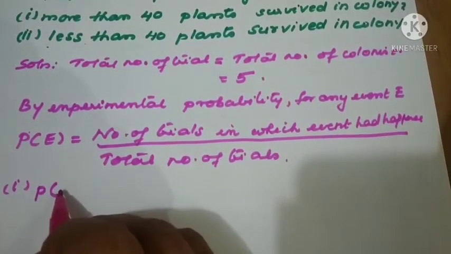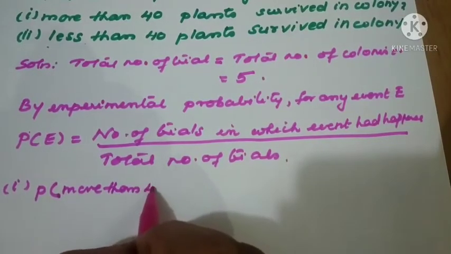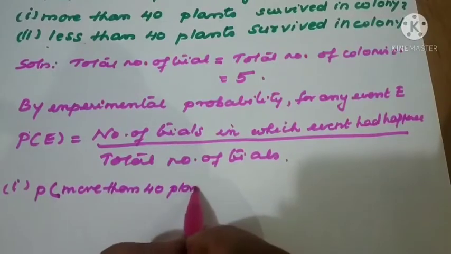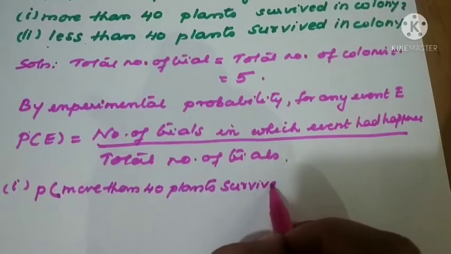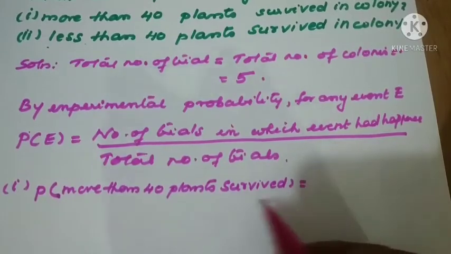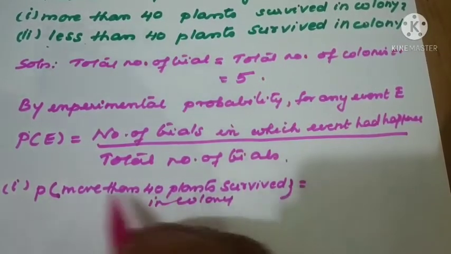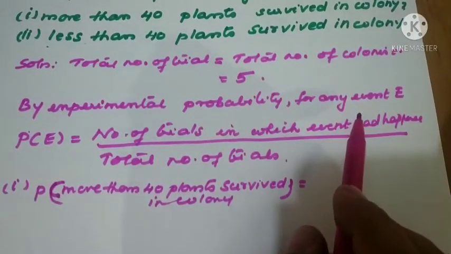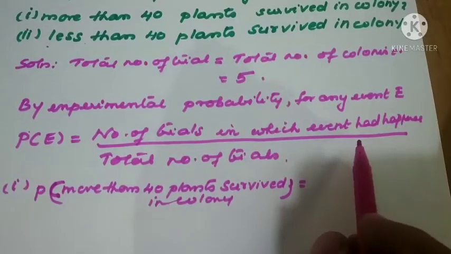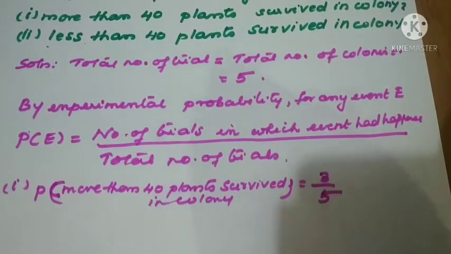P of getting more than 40 plants survived. So we have seen that B, C and E, 3 colonies are favoring there. So our probability is 3 by 5 only.